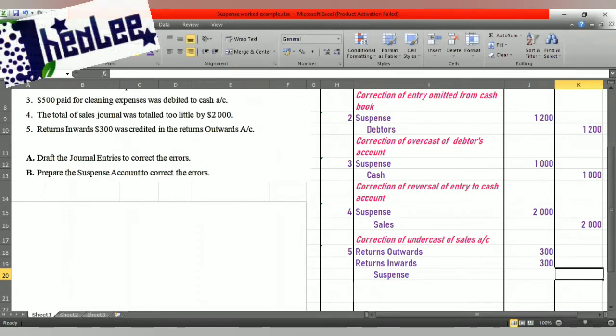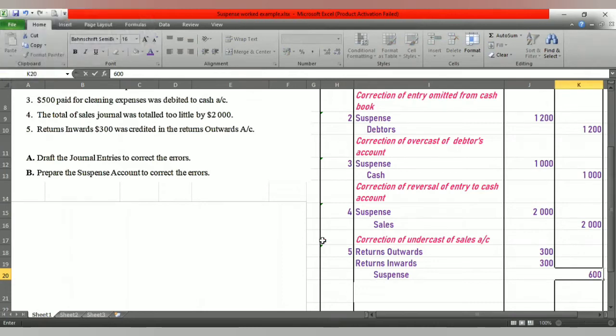to complete double entry. And we need 600 in total on that credit side to ensure that for this error that we have corrected, we have the same value on the debit and the same value on the credit. So we had to debit our returns outwards account to get rid of that credit entry that was placed in it in error. We have to debit our returns inwards account to show the correct entry that should have been made in the returns inwards account.